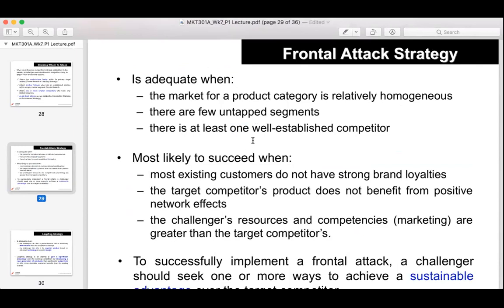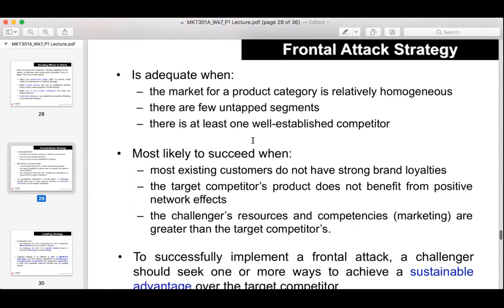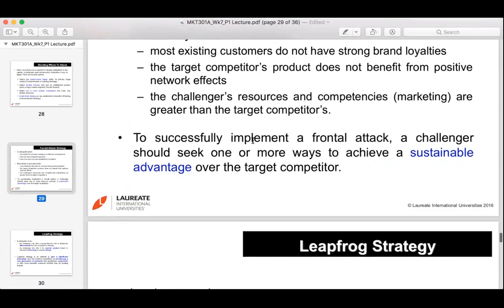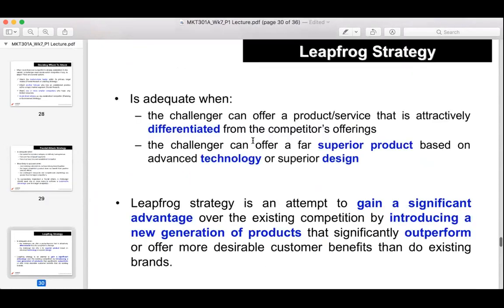It most likely succeeds when most existing customers have strong brand loyalty, so they switch from one brand to the other. They have that behavior. And the target competitor's products do not benefit from positive network effects, and the challenger's resources and competencies are greater than the target competitor's. So as a challenger, if you have more resources, then that's a perfect strategy for you.